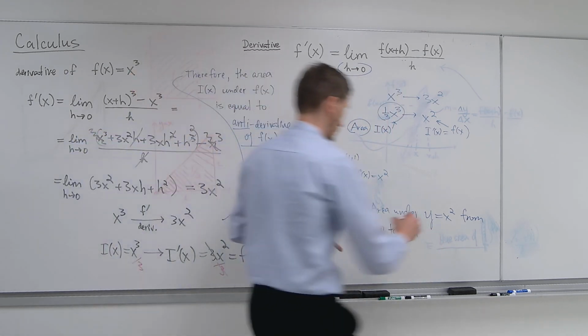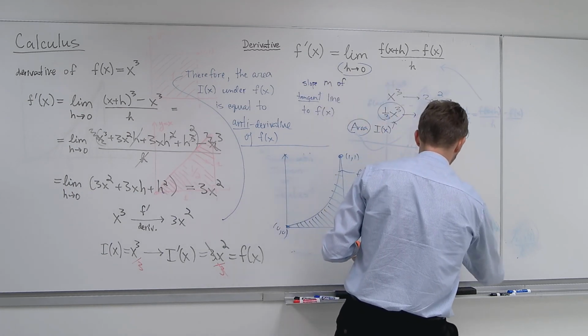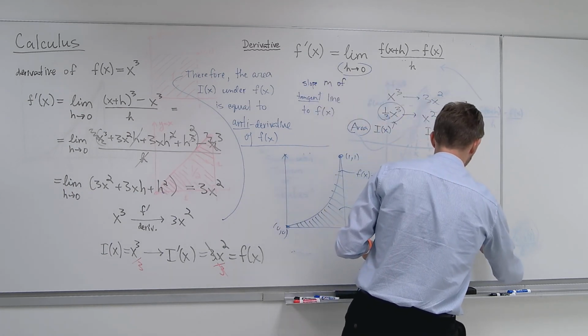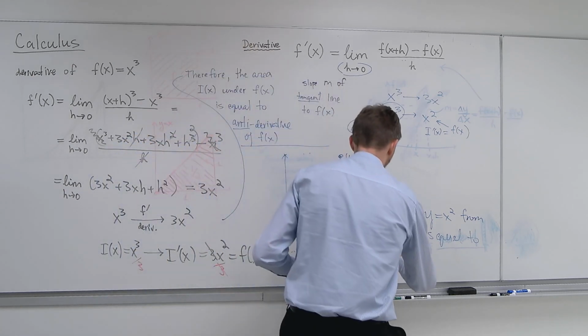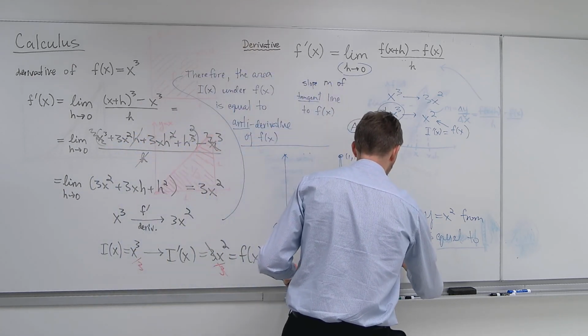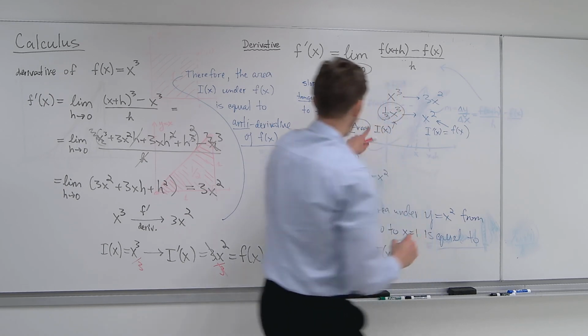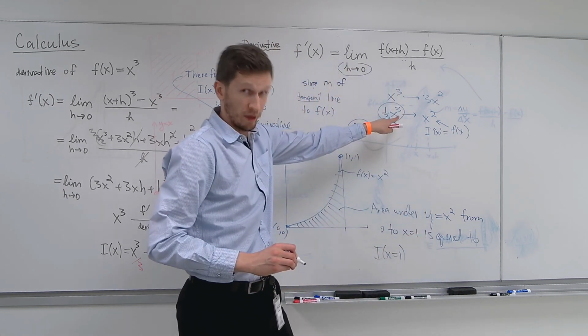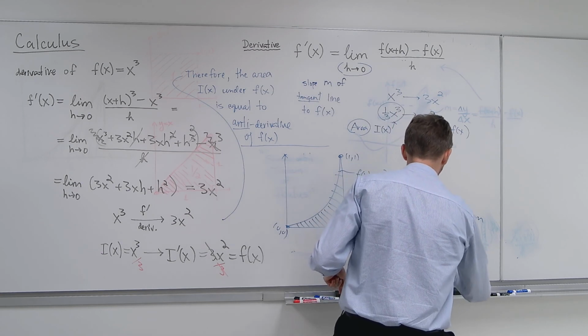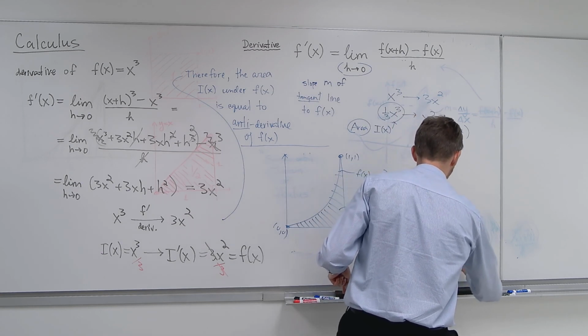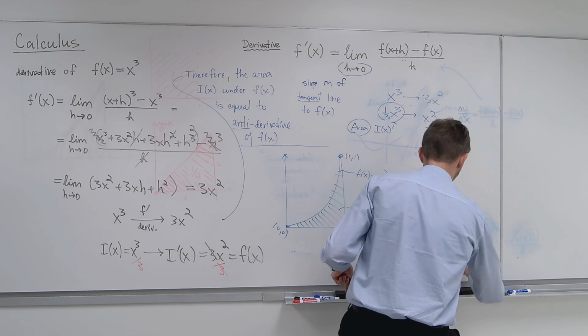Watch this. Is equal to I, the area, I of x equals 1, which is 1/3 x cubed when x equals 1. So 1/3, 1 cubed, and that's exactly 1 over 3.